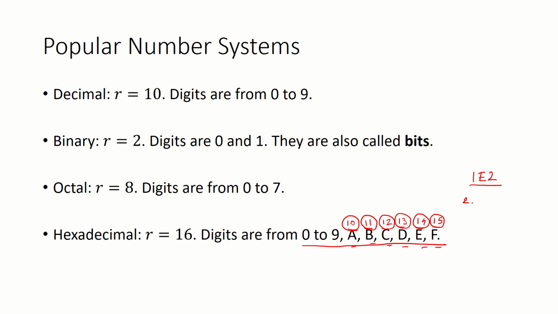Simply 2 into 16 to the power 0 plus E is what? For calculation you will have to write E as 14, 16 into 14 plus 1 into 16 square. So, evaluate this, whatever comes is the value of this number, 482.